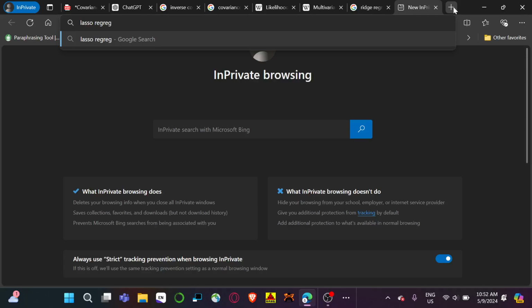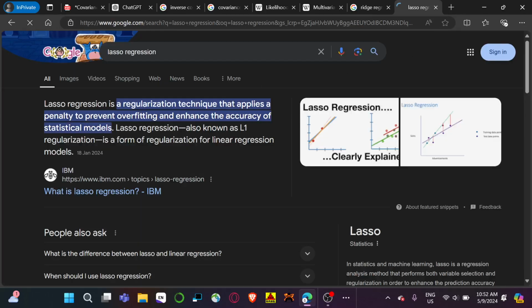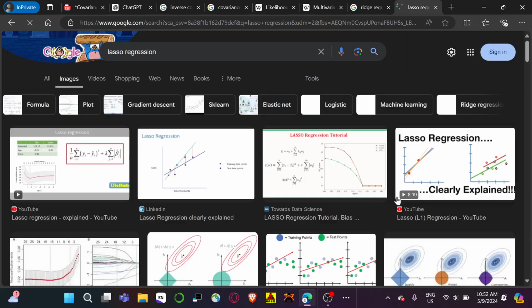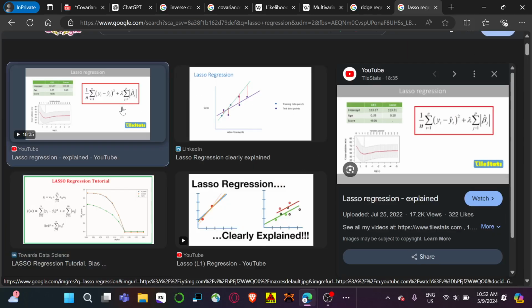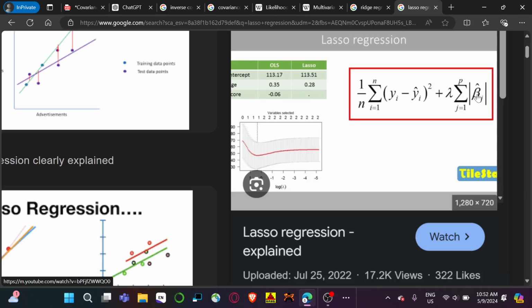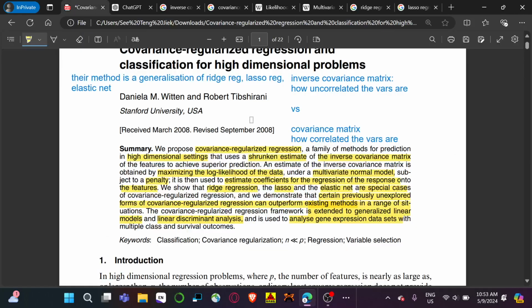How about lasso? Lasso regression is basically just L1 regularization. So instead of having the weight squared, you have the absolute value. If you take a look at this beta term here, we are basically trying to minimize the absolute value of the weights, and that should help to regularize it.